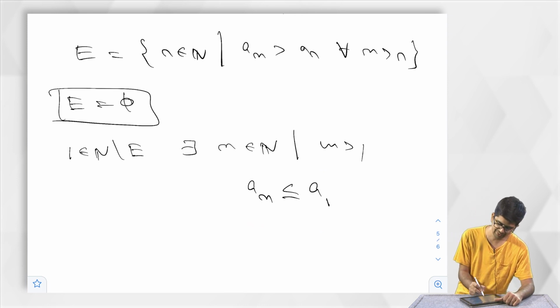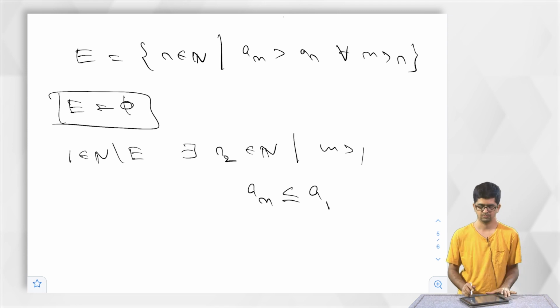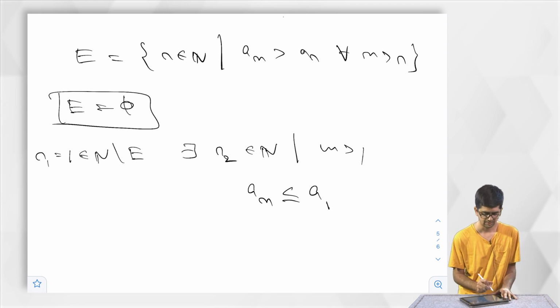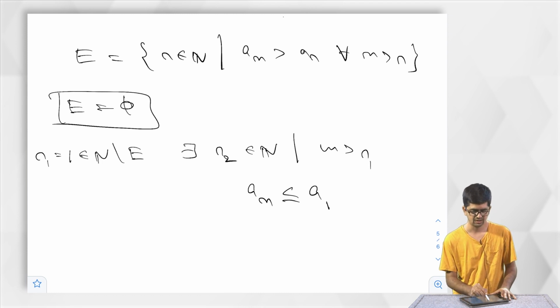Now, just for convenience, let us write this m as n_2 and this 1 as n_1. So I am replacing this by n_1, and this m by n_2.